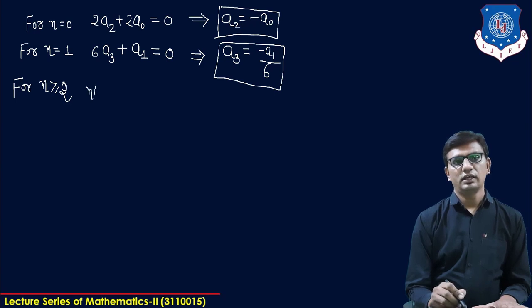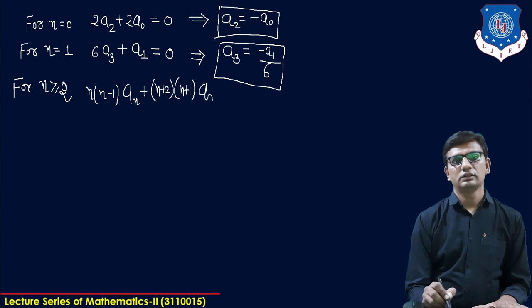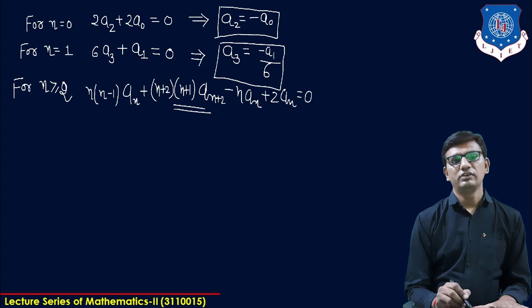we have n(n−1)a_n plus (n+2)(n+1)a_{n+2} minus n a_n plus 2a_n equal to 0. It is coming from the last summation, and we have a_{n+2} on the left-hand side, so we take a_{n+2} as the subject.